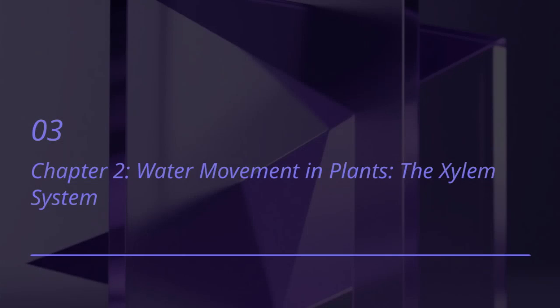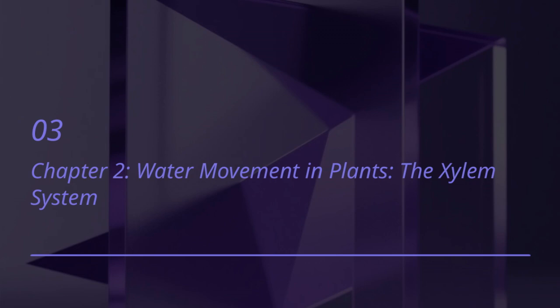Now, let's explore Chapter 2, which focuses on water movement in plants, specifically through the xylem system. This is a crucial part of how plants stay healthy and grow. The xylem is essentially the plant's water transportation network. It moves water and dissolved minerals from the roots all the way up to the leaves. This movement is driven by a combination of processes, mainly transpiration, which is the evaporation of water from the leaf surfaces, and the cohesion and adhesion properties of water molecules.